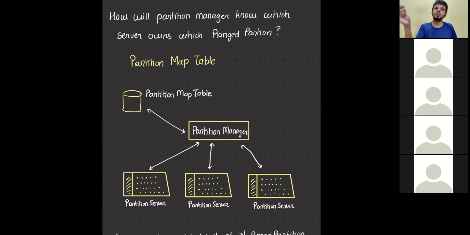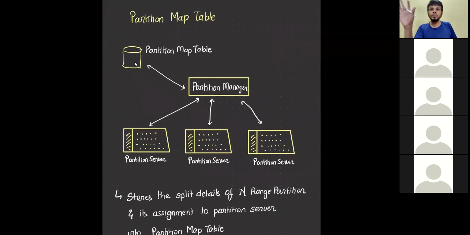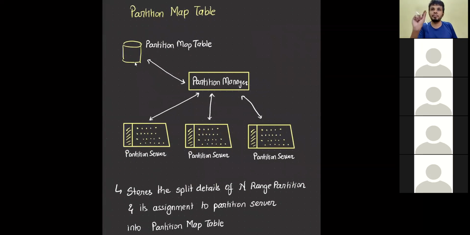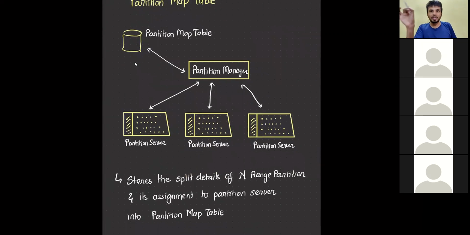This is where it would need a table, like something I was discussing. It can use Zookeeper to hold that information, some place where it would store that partition map table, right? So you would have a partition manager which is talking to multiple partition servers, and it would have this information stored, that this range is with this partition.